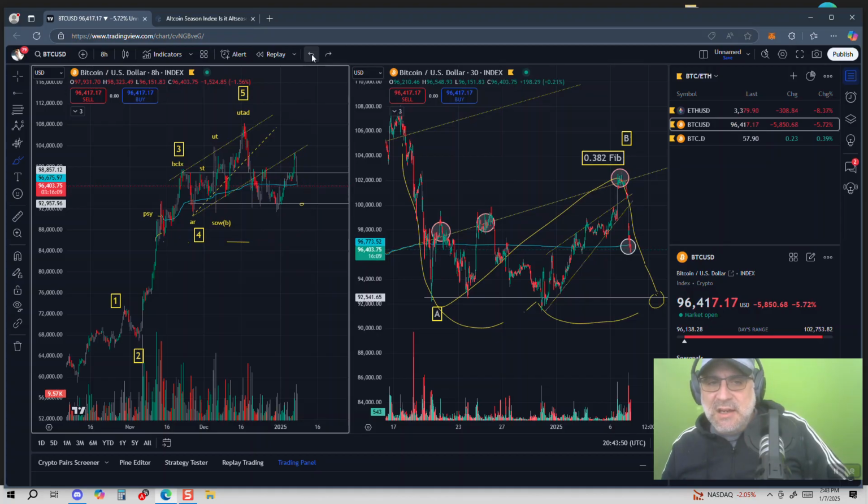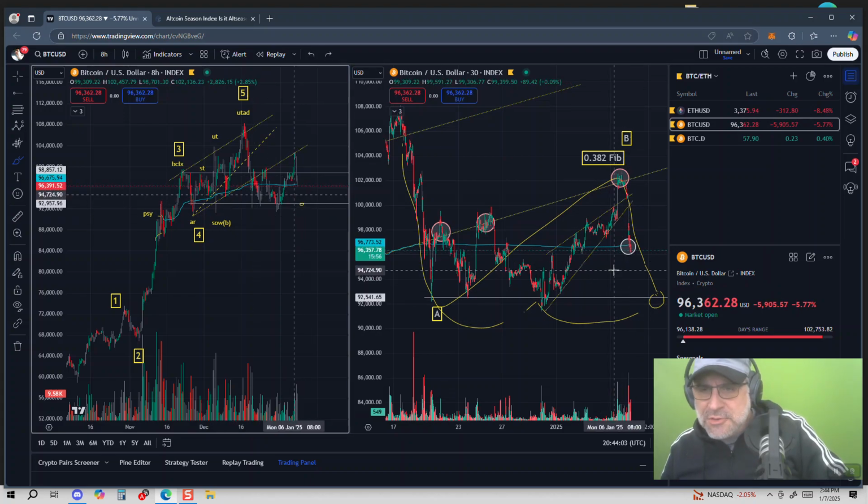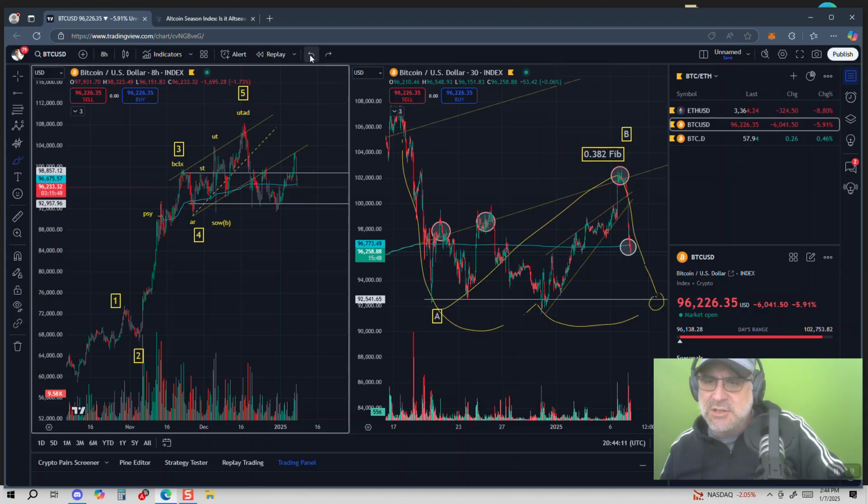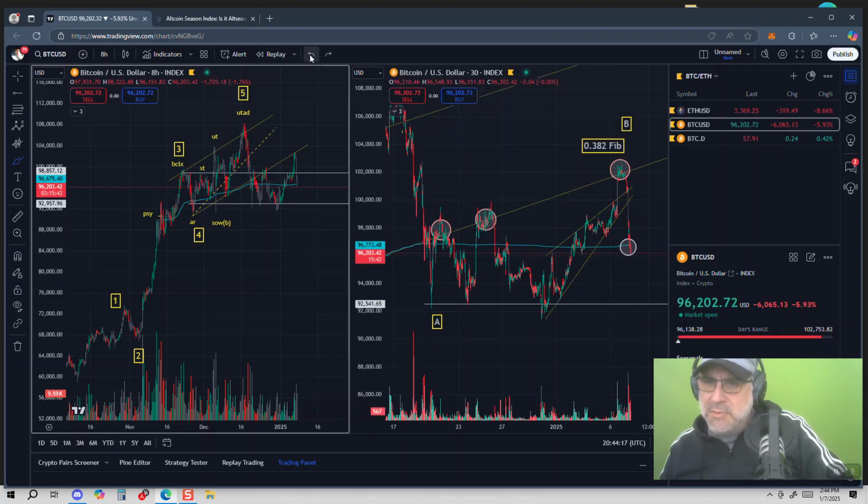And incidentally, if we do fall that low, for sure we're going to see altcoin dominance at that point, because Bitcoin is going to be at such a loss of dominance. If we fall through the anchored VWAP, if we fall back through the ice, so to speak, and we start making our way back down to the 92,000 area, we're going to see altcoin dominance grow considerably just from that momentum.